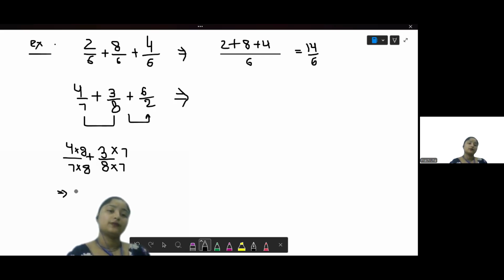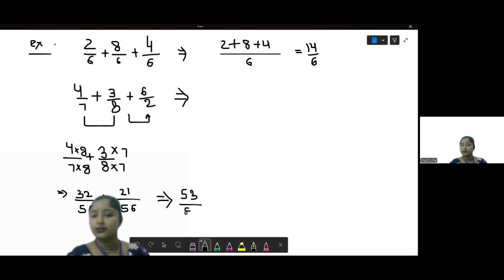So 4 times 8 is 32 and 7 times 8 is going to be 56, because either you write 7 times 8 or 8 times 7, it's the same thing. Now, how much is 3 times 7? That's going to be 21. Now you just need to add them. 32 plus 21 is 53. So 53 over 56 is the answer for adding these two fractions.